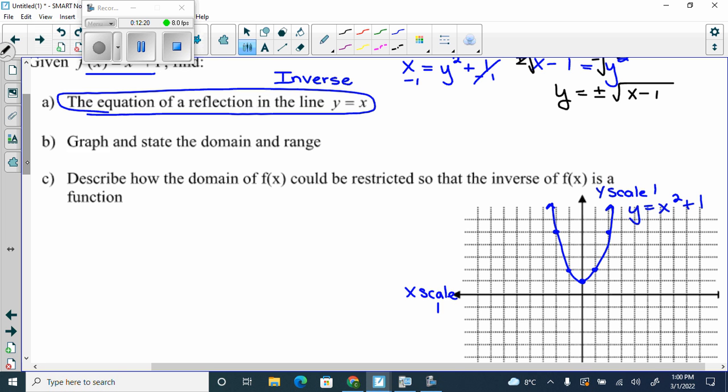I'm now going to have 5 and negative 2. Then I have negative 1 and 2, so I'm going to have 2 and negative 1. And then I have 0, 1. Now I have 1, 0. And then 1, 2, 2, 1. And then 2, 5, 5, 2.